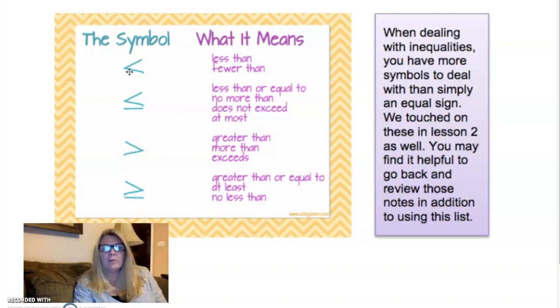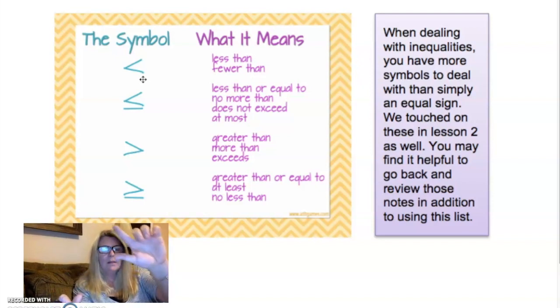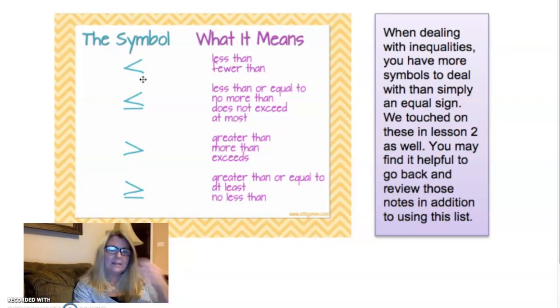If you have trouble remembering the less than and greater than symbols, put up your left hand. The left hand looks like the less than symbol. The greater than symbol is on the right hand. Greater than, more than, exceeds, those are all words that mean greater than. Greater than or equal to has the line underneath it, and means at least.